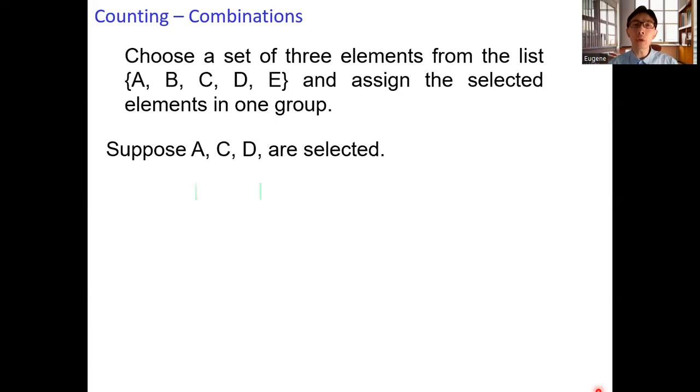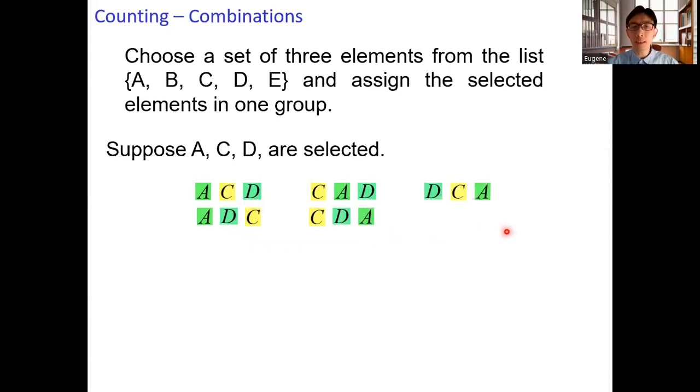We can have different orders. For example, we can have the sequence ACD, ADC, CAD, CDA, DCA, and DAC.